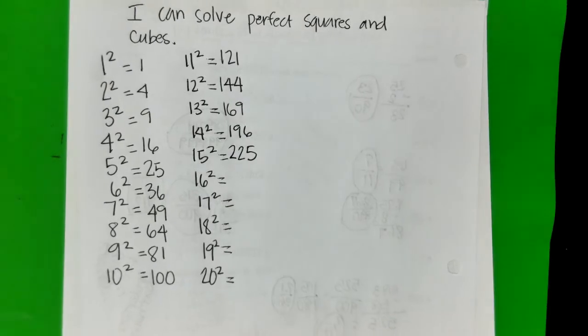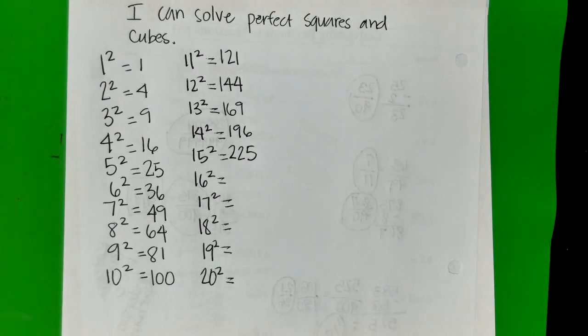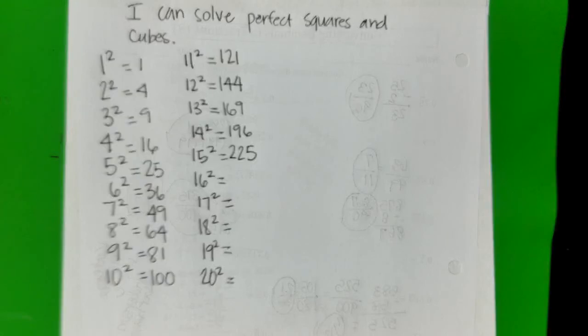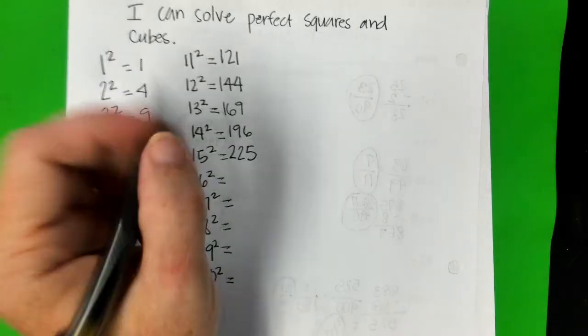What about 16 squared? Are y'all going to be lazy or are you going to multiply it out? I'm only good at math when I have a calculator.